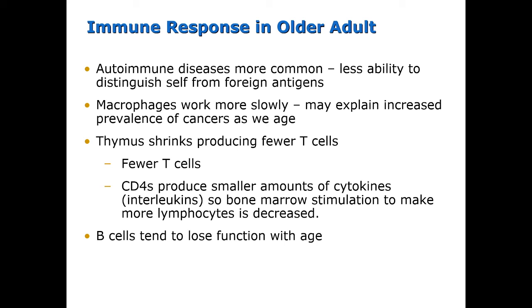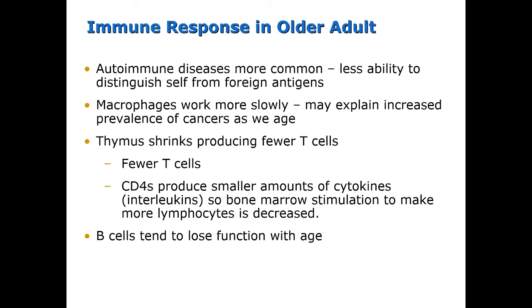The thymus begins shrinking during puberty and continues to shrink throughout the lifespan. So the number of T cells that are produced will decrease as we age. And also another factor associated with aging seems to be that the CD4 cells don't perform as well in an elderly person.